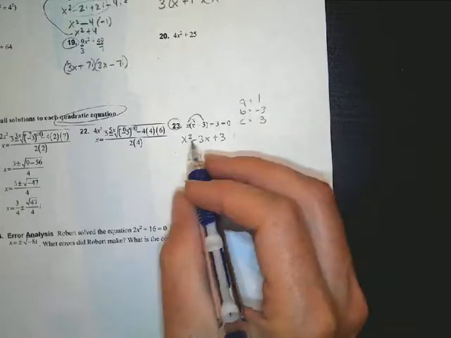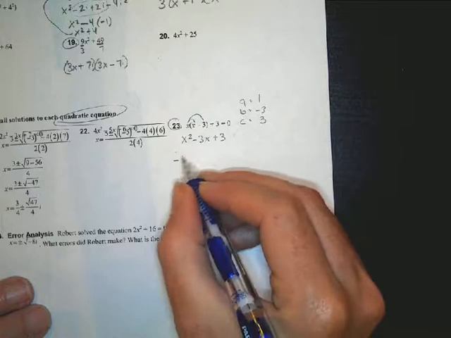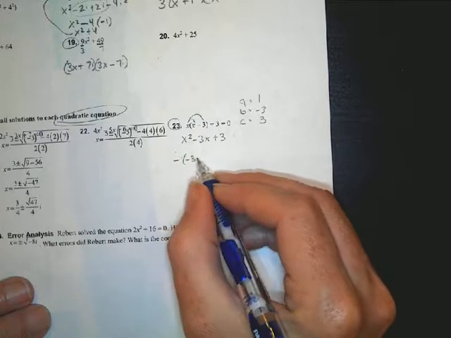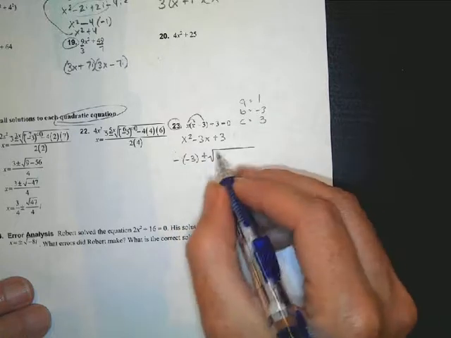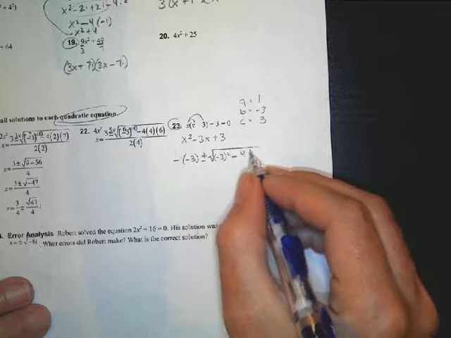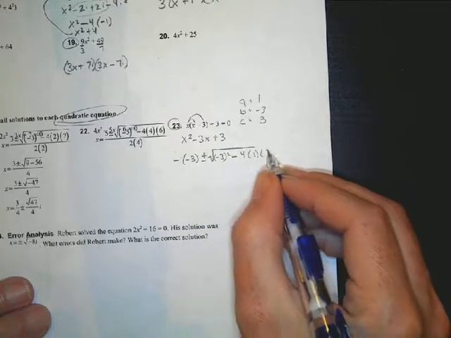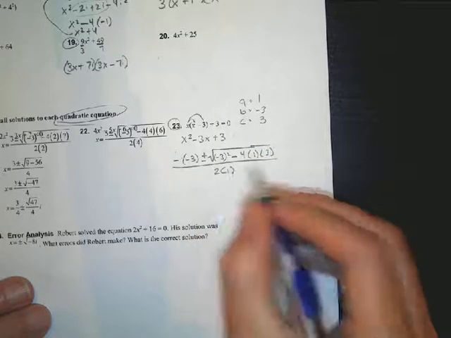So I rewrite this now as negative b, and b is negative 3, so negative negative 3, plus or minus the square root of b squared, negative 3 squared, minus 4 times a, which is 1, times c, which is 3, all over 2 times a, which is 1.